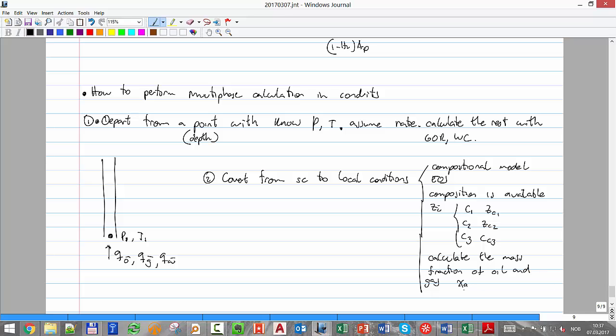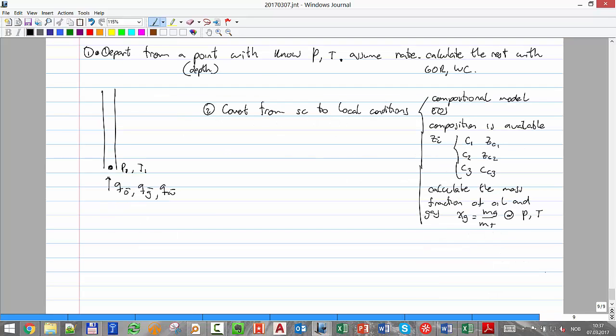That will be xg, the mass of gas divided by total mass at that particular pressure and temperature. And after we have that, then we can calculate, and we will do that now in just one example if we have time, the mass of gas and the mass of liquid at pressure and temperature with the total mass.